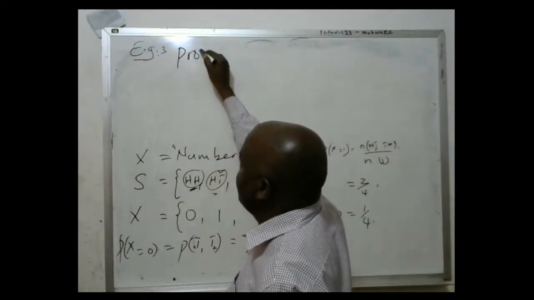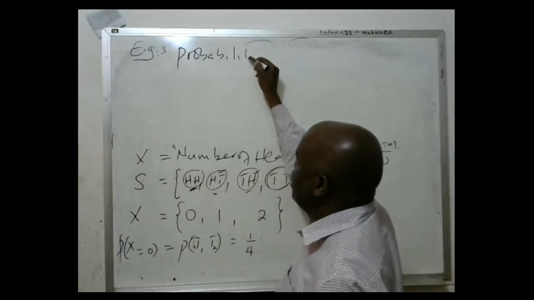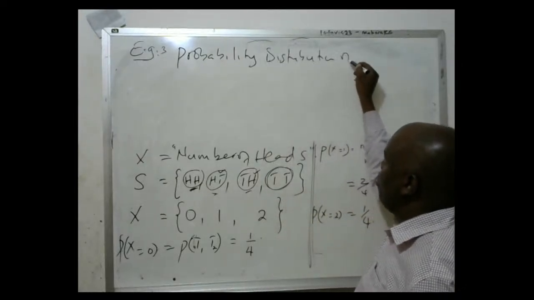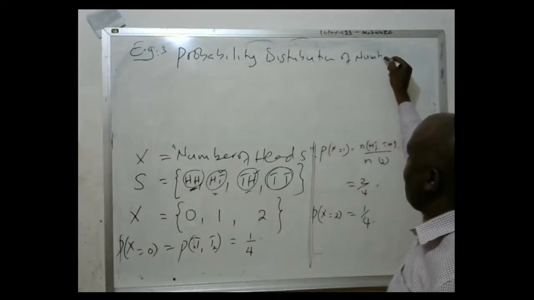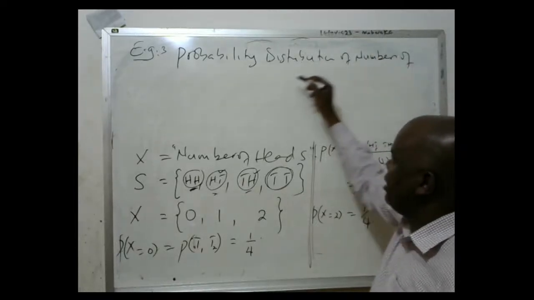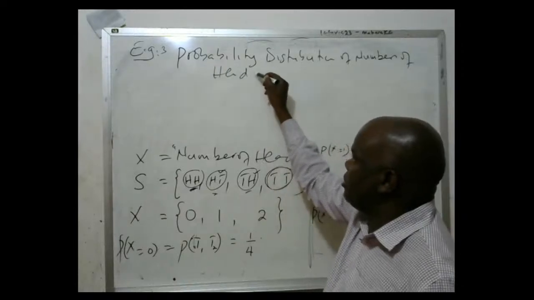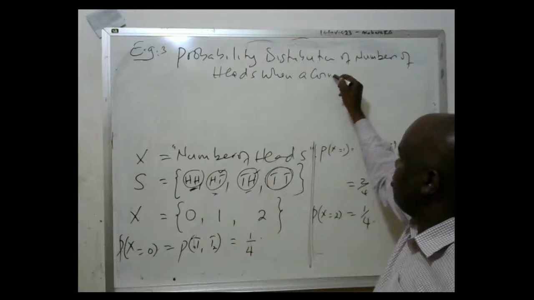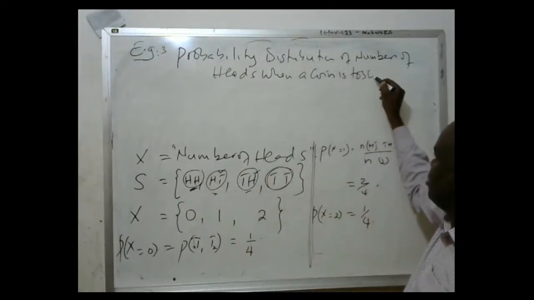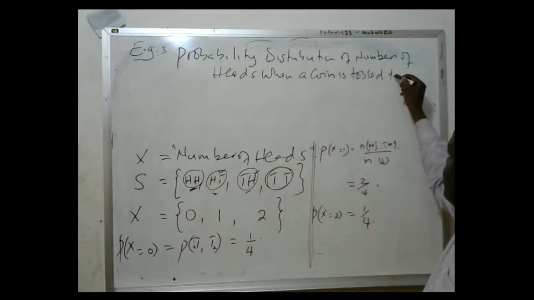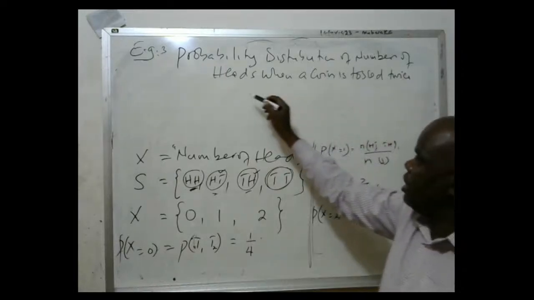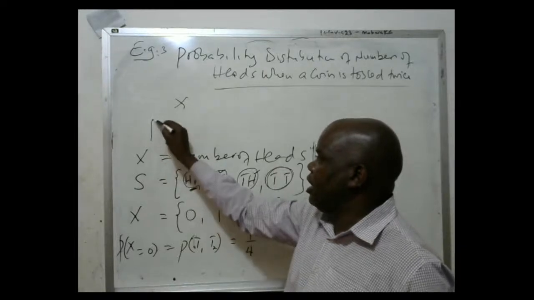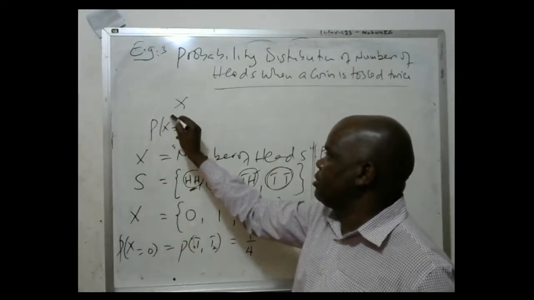So you can say a probability distribution of the number of heads when a coin is tossed twice. This probability distribution shall be x, and the probability of x is equal to x.